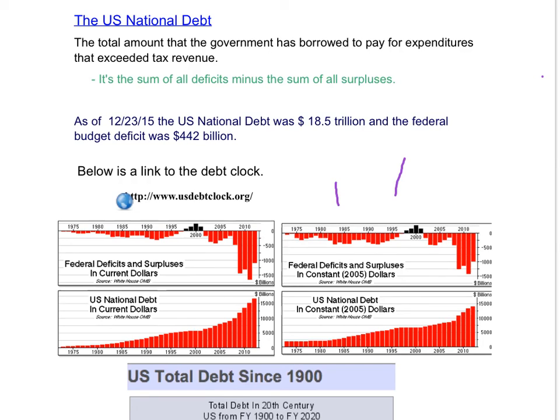As of 12/23/15, when I wrote this, the U.S. national debt was $18.5 trillion, and the federal budget deficit for that 1 year in 2015 was $442 billion. Of course, since there are 8 more days left in that year, both of those numbers presumably will be a bit higher. I will show you the debt clock, which is referenced here as an interesting link.